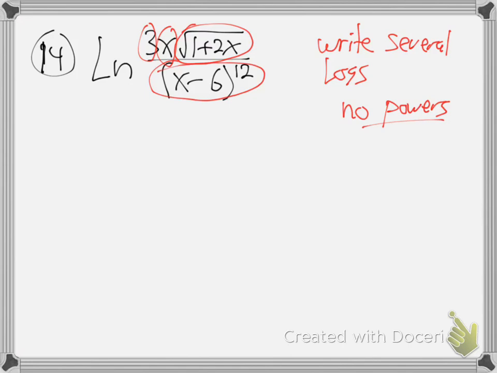So you got 4. You're gonna have 4 ln's. So everybody see that? There's 3 different. The 3 and the x and the root are all separately multiplied things. So they'll become separately added natural logs, and the one on the bottom will be subtracted. You should have 4 ln's. 4 natural logs.